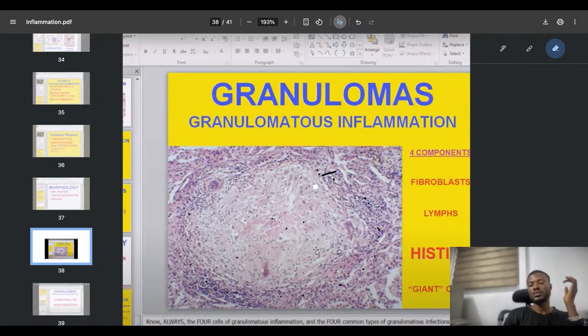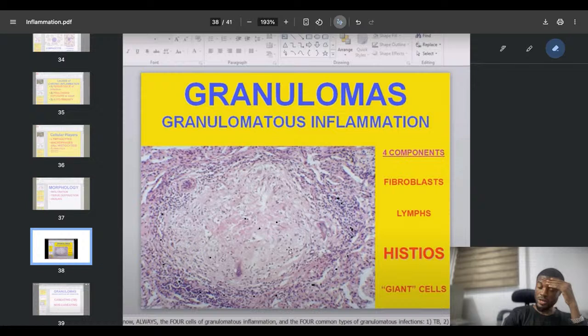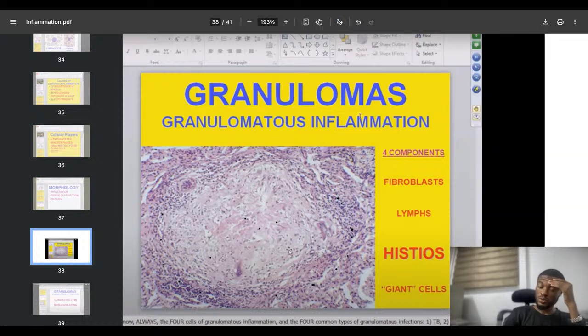And please, especially those who are X-ray radiography students, when you go to the radiography department, be very careful, especially with TB patients.